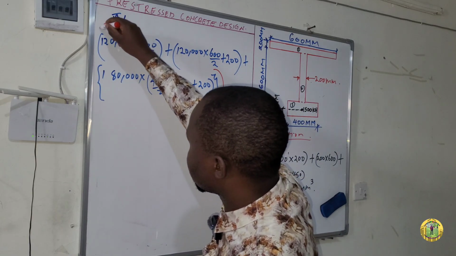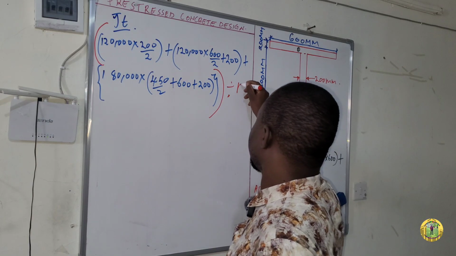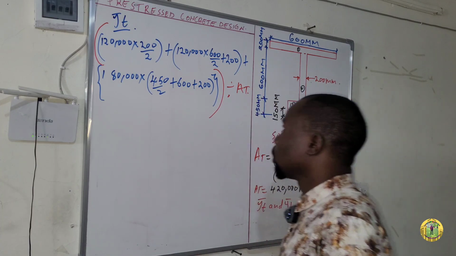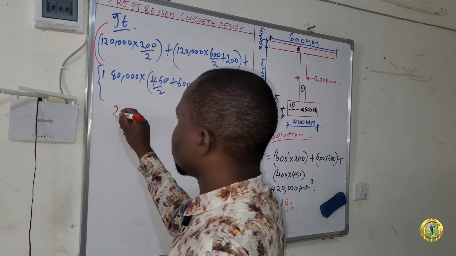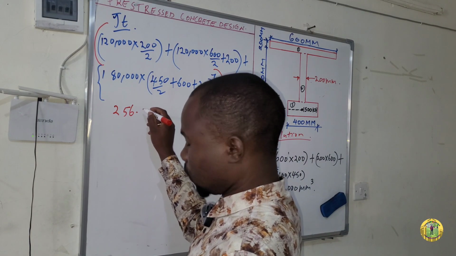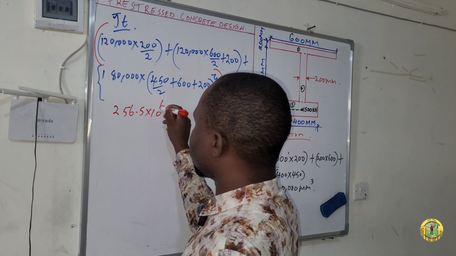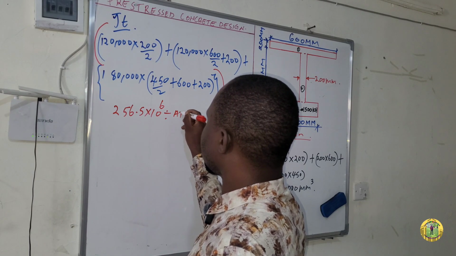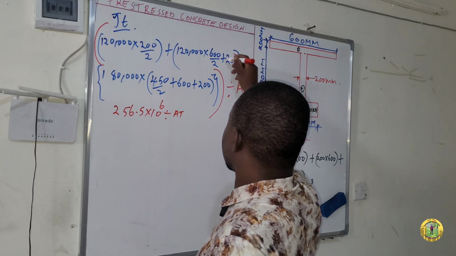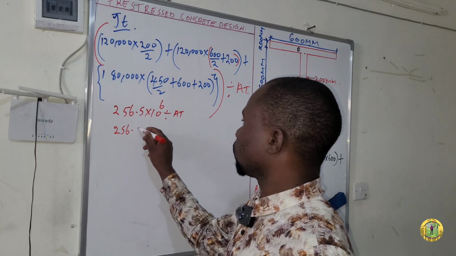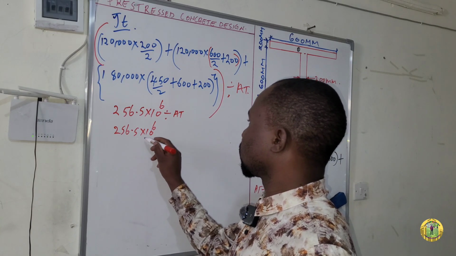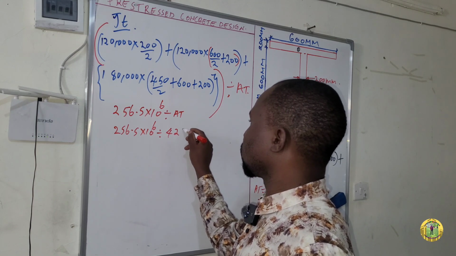So let's now carry out the operation. The answer is equal to 256.5 times 10 to the power of 6 divided by the total area, 420,000.